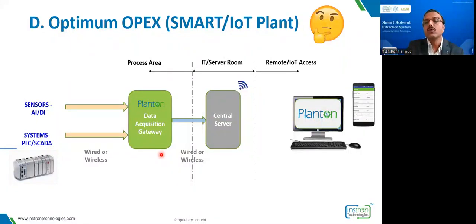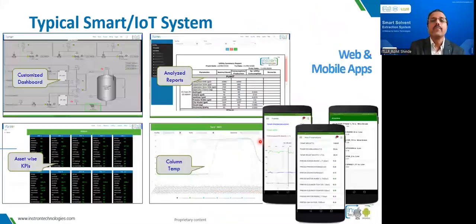For the last 2 to 3 years we have worked on this, and we have many proven cases of collecting the data and presenting it. Then this data goes to the server, and from there desktop or mobile access is given.